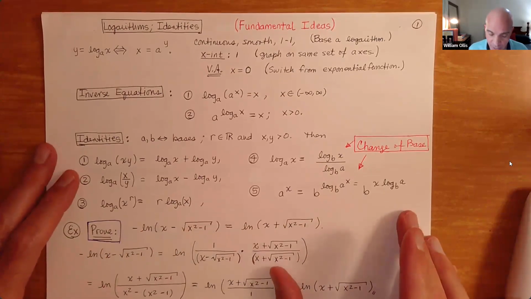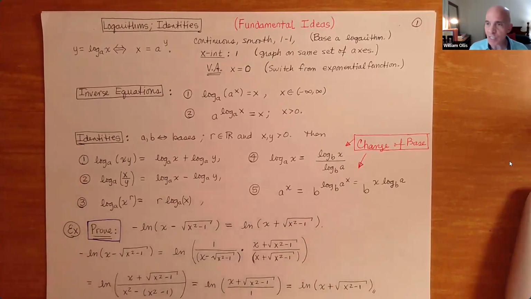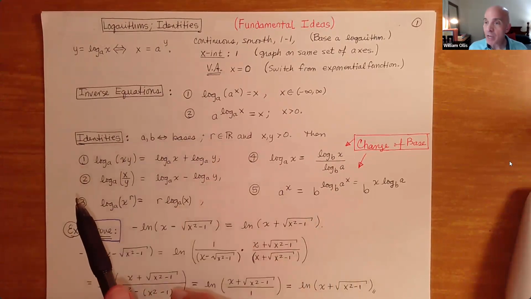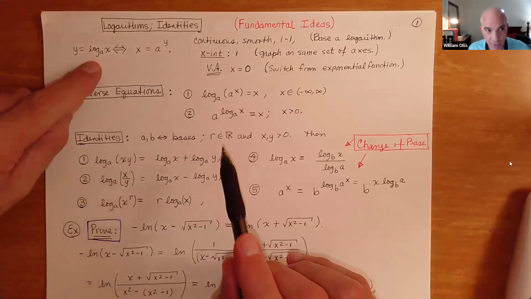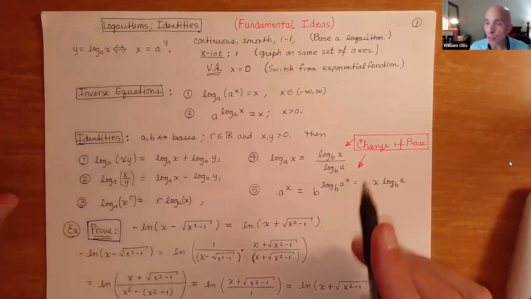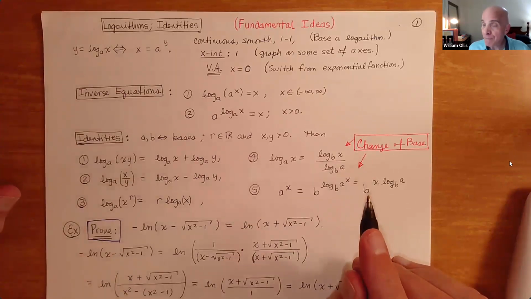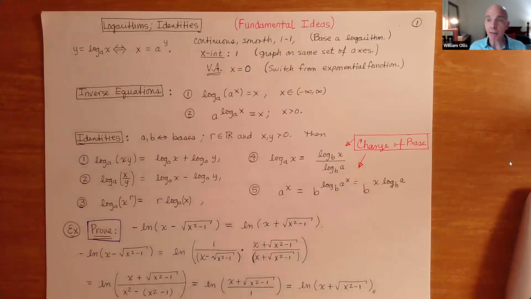So what I've done here is I've summarized some of these properties, and we're going to talk in more detail about them. The first two sets are things that we've already discussed, the inverse equations. We know that the base A logarithm and the base A exponential are inverse functions. So when we compose them, the input equals the output.